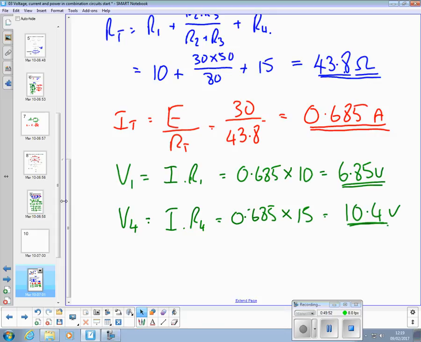Is it? What is the answer to this? To 3. So 10.3 to 3 significant figures. Right?